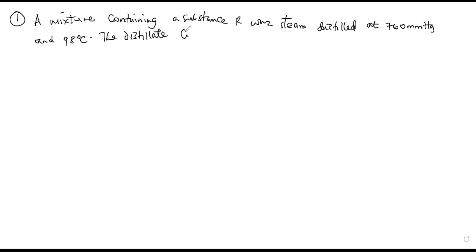The distillate contained 85% by mass of water.